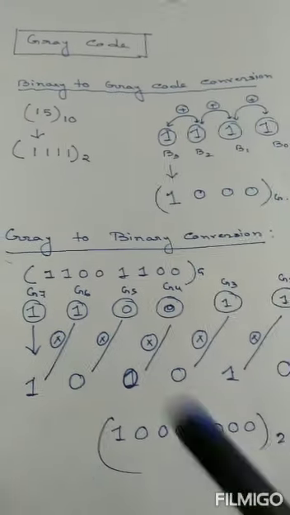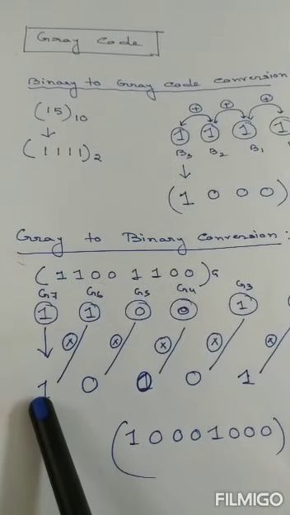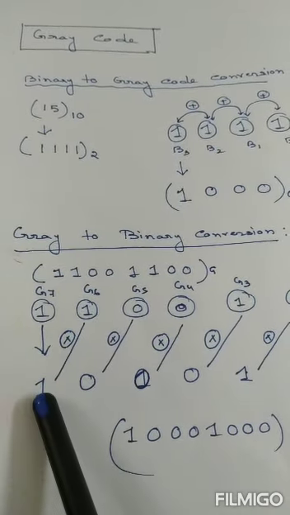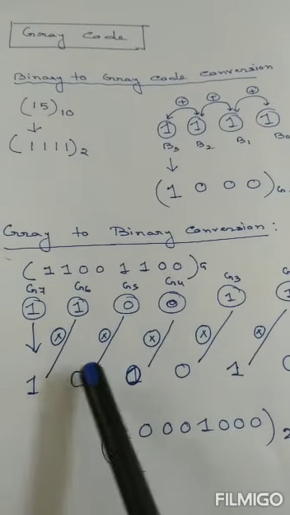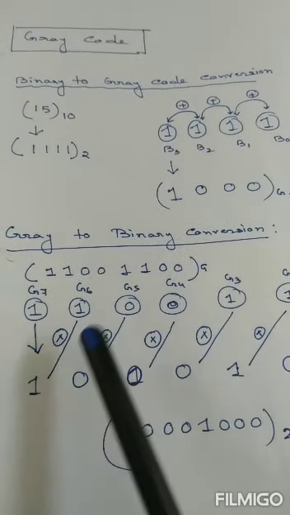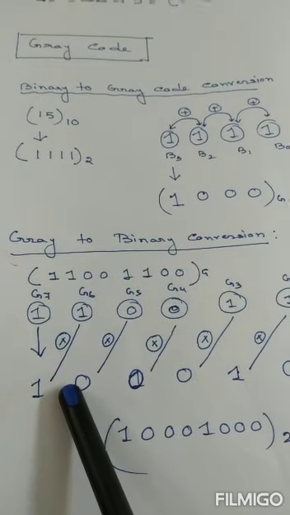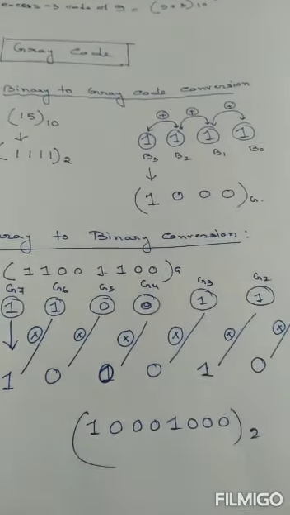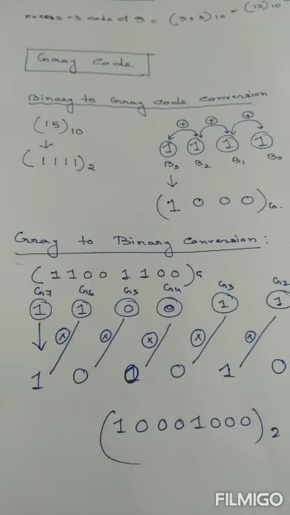Again I repeat, first write down G7 directly and then XOR the next bit with the previous resultant. Similarly, G5 with the previous resultant, do the XOR and make the answer. So this is the gray to binary conversion.